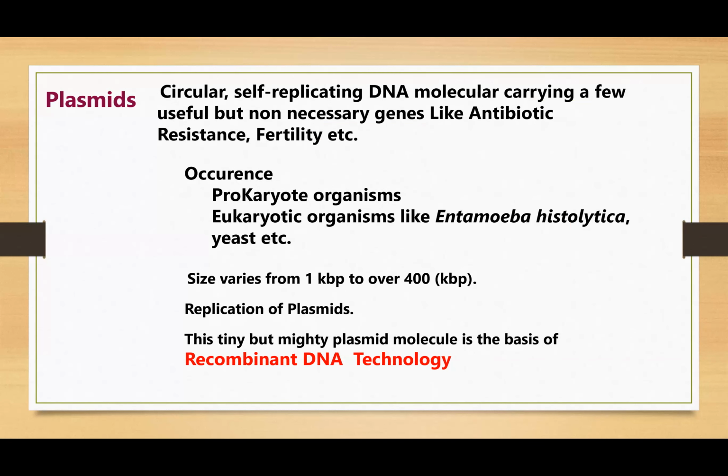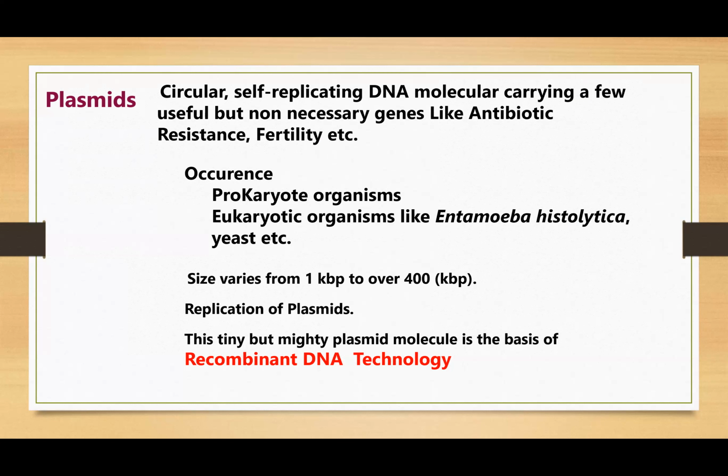Plasmids per se are not required or necessary for bacterial cell growth, but they do have certain genes which are useful for bacteria or prokaryotes, like antibiotic resistance and fertility.